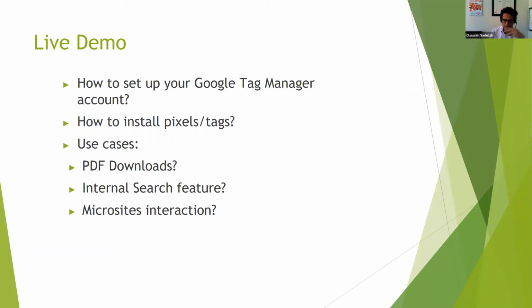I just picked 3 use cases because, and we use this with a lot of the organizations we work with, these are important for them in general. It also depends on what kind of website you have. So if the organization does a lot of research, like you have a research library, you want to know which PDFs have been downloaded the most.